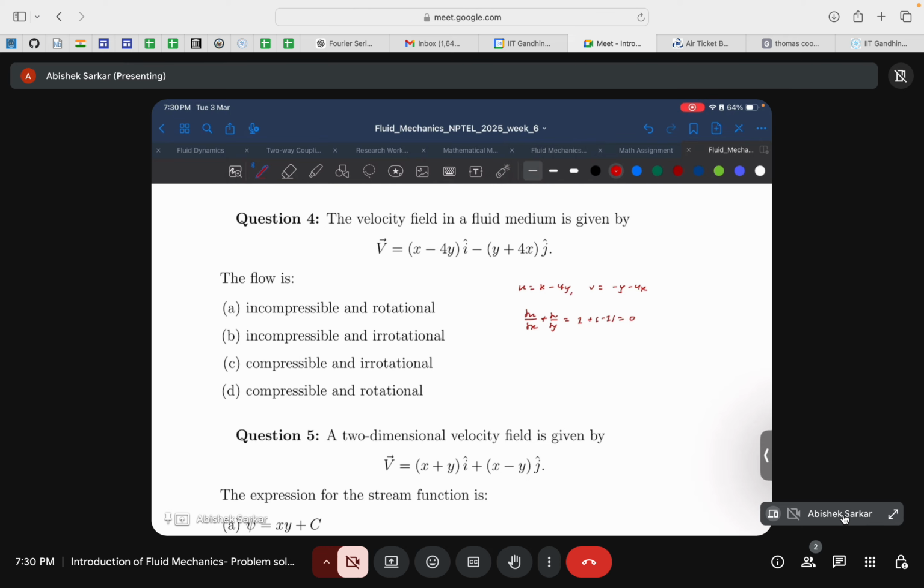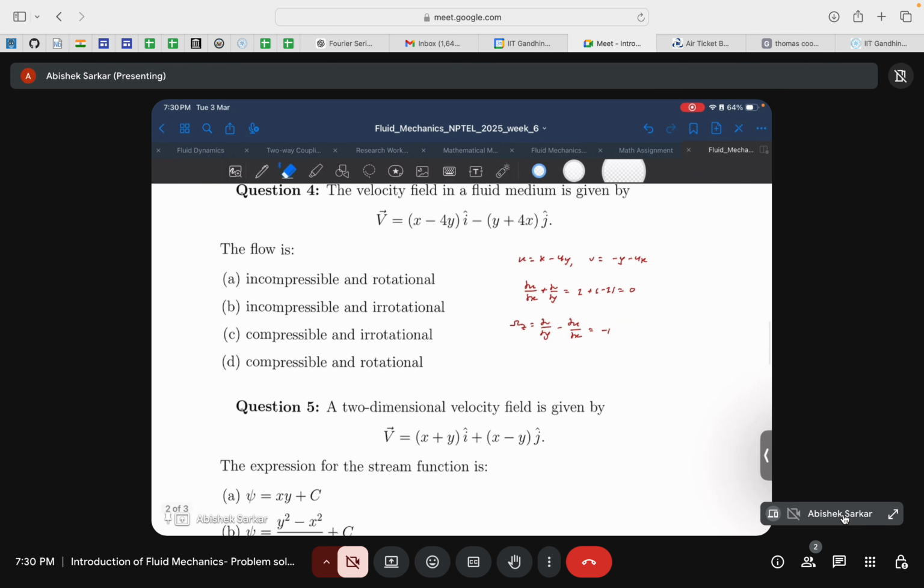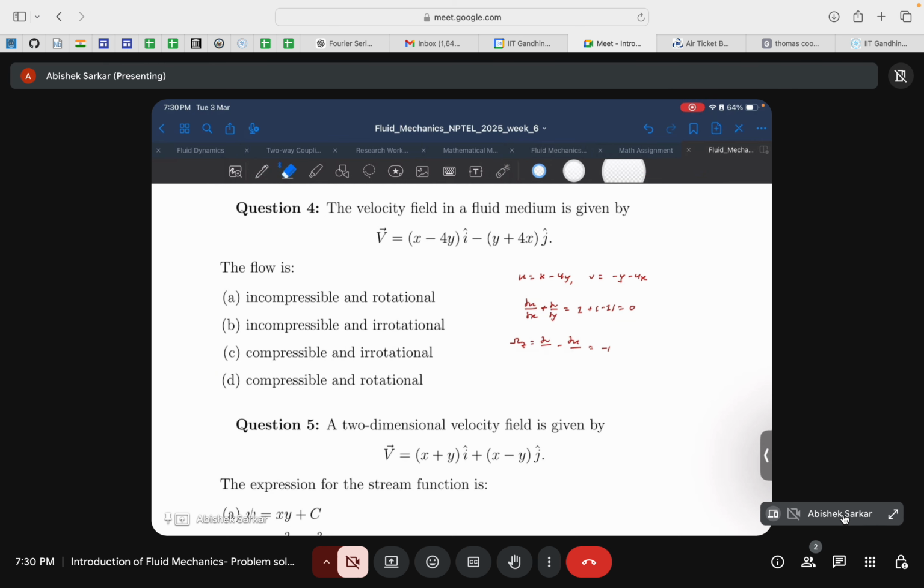So now for the rotationality, let us check omega z, that is dou v by dou x minus dou u by dou y. I am sorry, I have to change the derivatives. If I am incorrect, you should correct me.